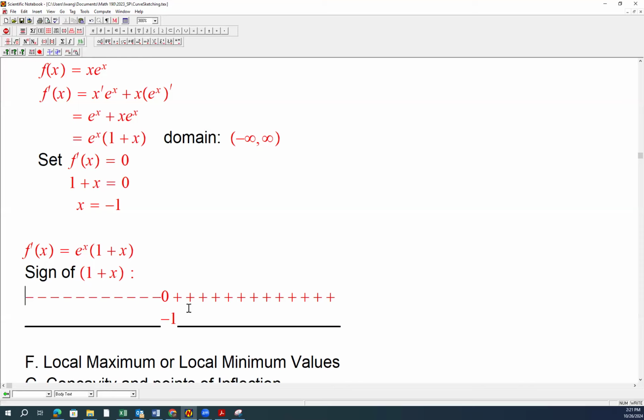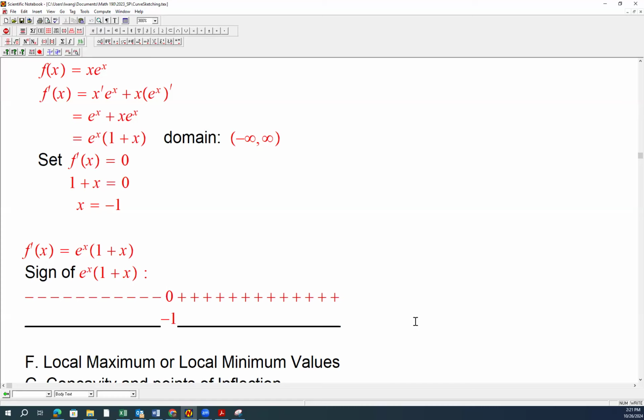The derivative changes sign at -1. To the left of -1 it is negative, to the right of -1 it is positive. And for 1 plus x, e to the power x is positive, so that doesn't change the sign. So it stays the same.